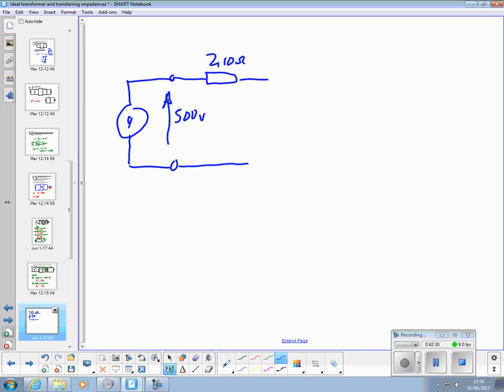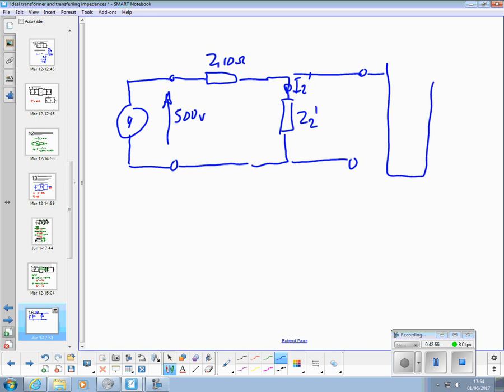And then you transferred to get Z2 dash there, and you got I2 dash there. And then there was your transformer that you had in the first place. So that's the model with the impedances transferred.